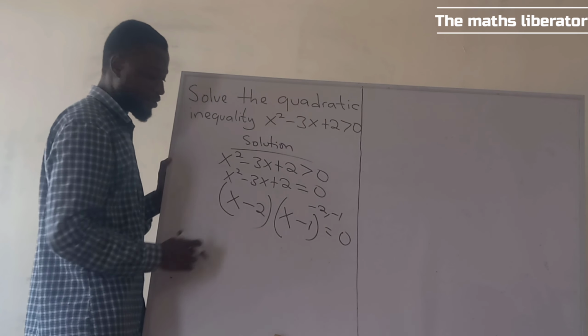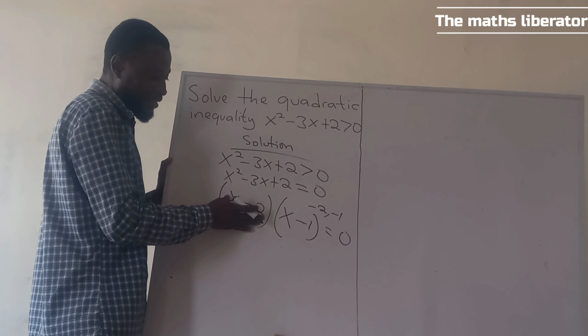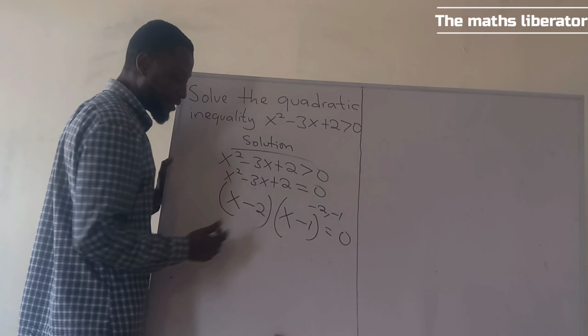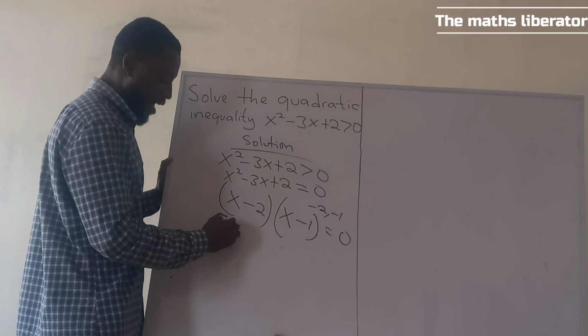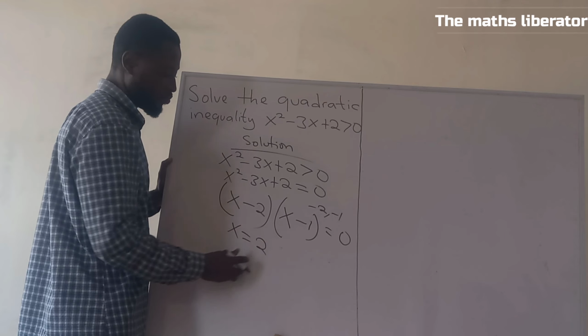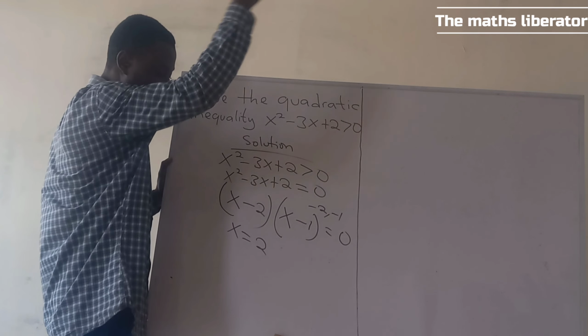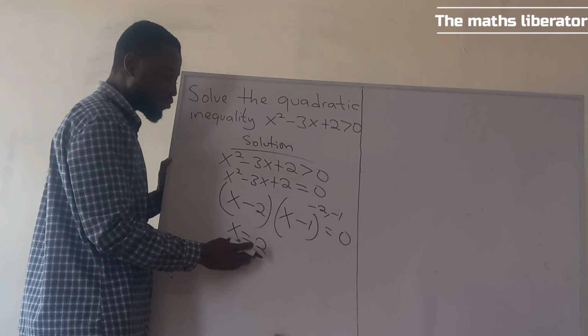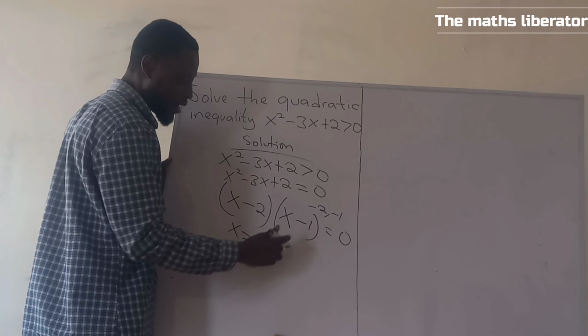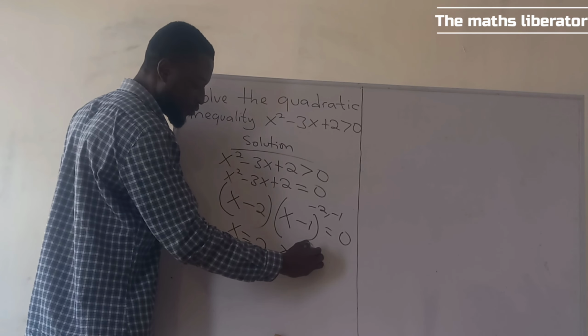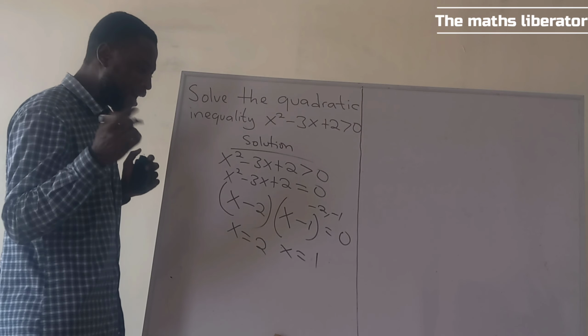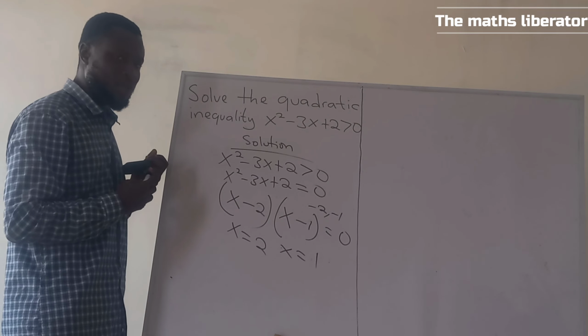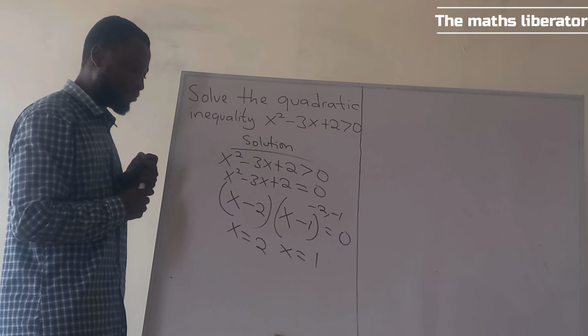Very simple. Good. Then I'll put each factor equal to 0 and work it out. The answer will be positive 2, because the negative 2 moves to the right hand side of the equation and becomes positive 2. The same thing applies to this one: I also get positive 1.